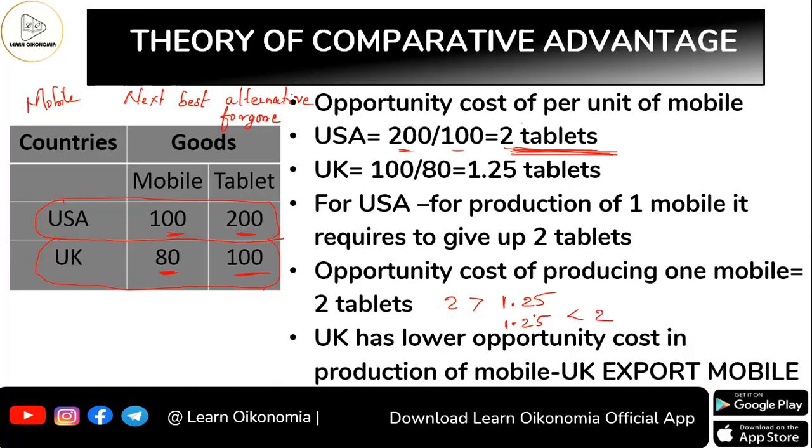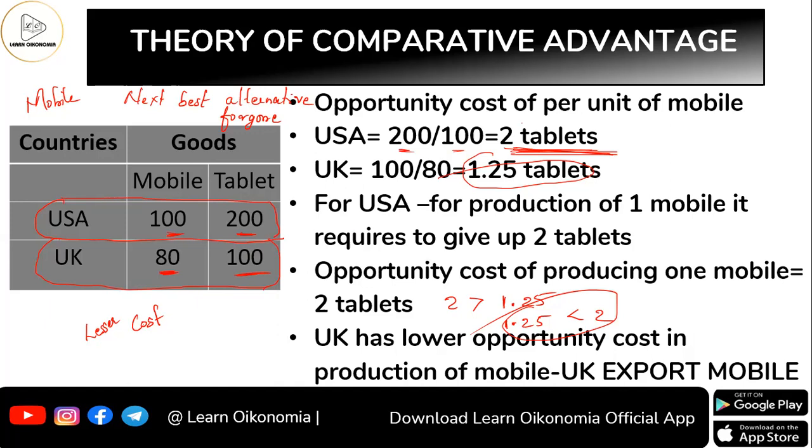We are talking about a cost scenario, and we always would like to have a lesser cost. Who is having a lesser cost here comparatively? Comparing these two costs, UK is having only 1.25. So UK requires to sacrifice only 1.25 tablets to go for the production of one mobile phone.